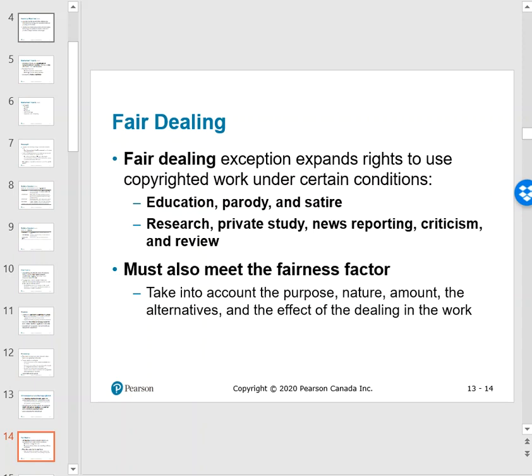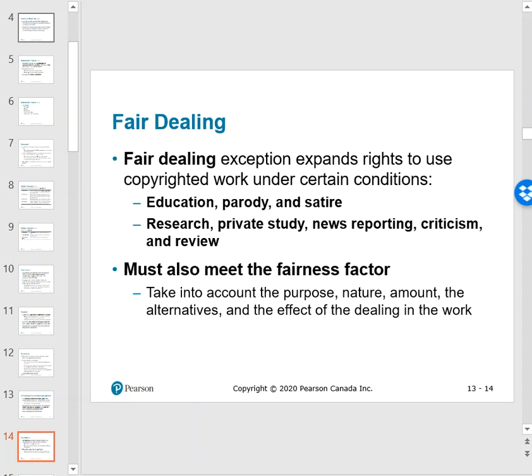So if we want to use parts of a textbook, parts of a song for education purposes or for parody or satire or for research, or private study, say you used textbook content for your case law report, you did not need to ask authorization from the publisher or the author. Why? Because you used it in a fair way. You just used this to complete an assignment. So whenever we use copyrighted work under those conditions, we are in the exception of fair dealing.